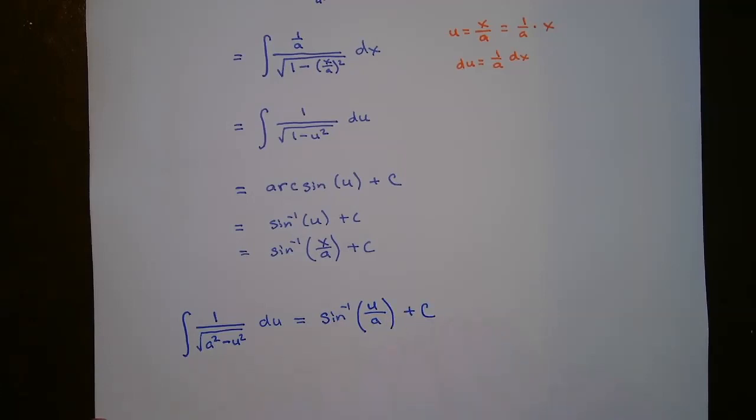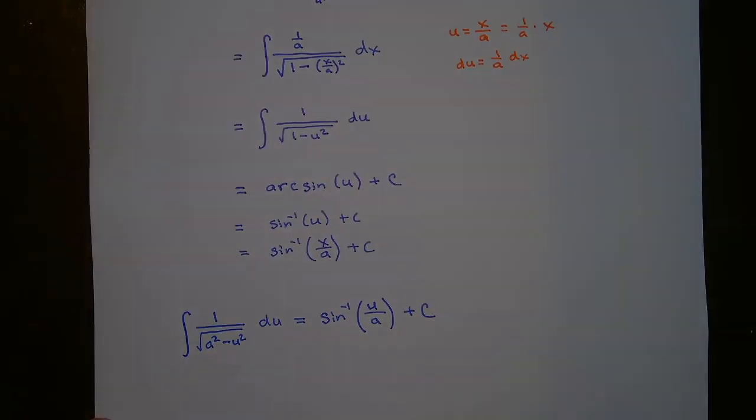It's always that. Now, this u is where our x is going to be. So this can be different things. It can be x over 2. It can be x plus 5. But this is where your u is where the x is going to be.